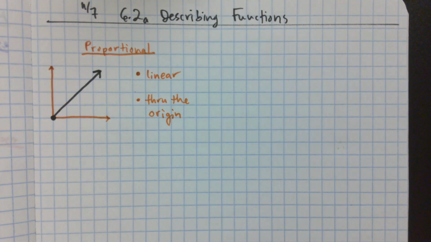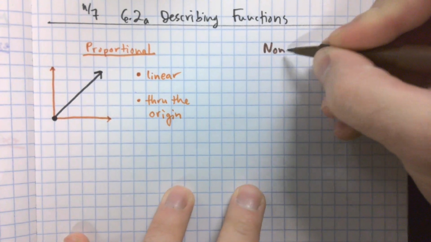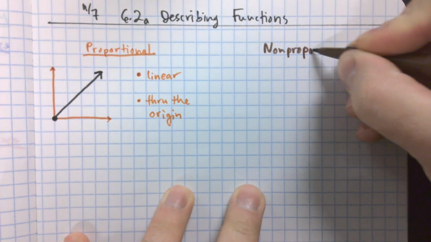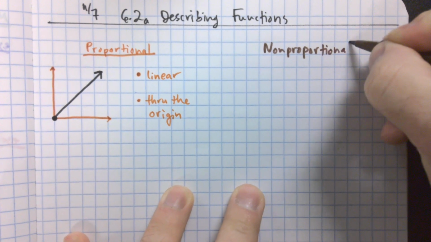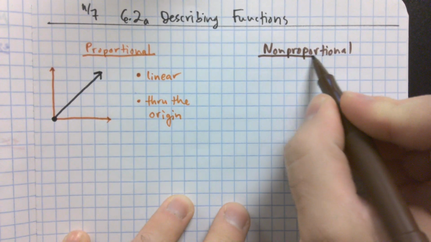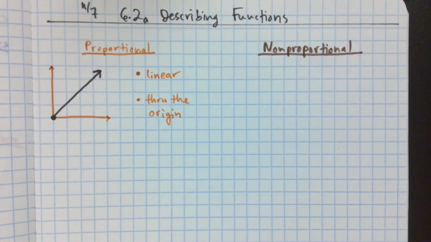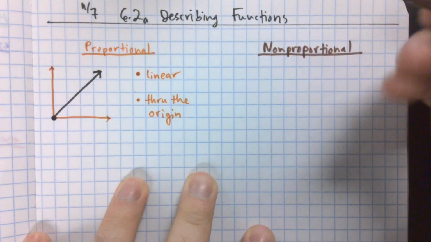Of course, the opposite of proportional would be non-proportional. Very similar to our proportional graph with one key difference.